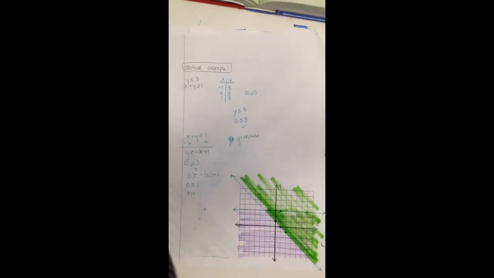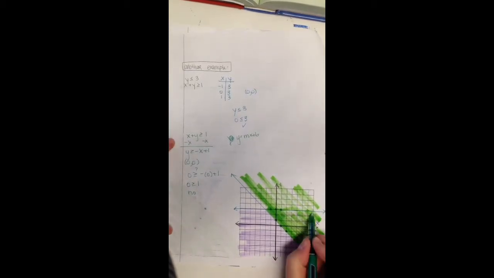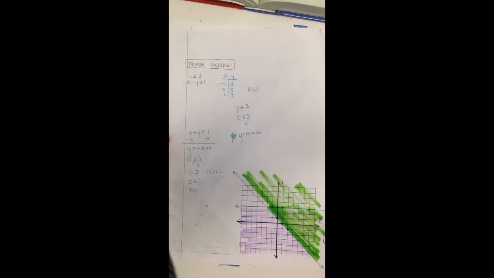So that's what my shading will look like. I can see that this triangle is where my two colors overlap. It might be hard for you to see in the video, but this one's actually a little bit darker because of the purple. So there again, that's my set of solutions.